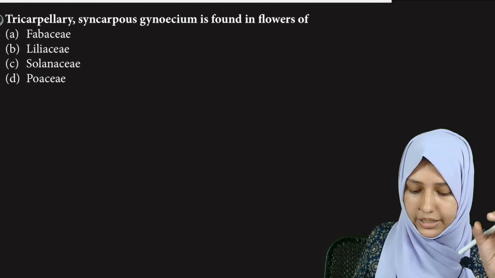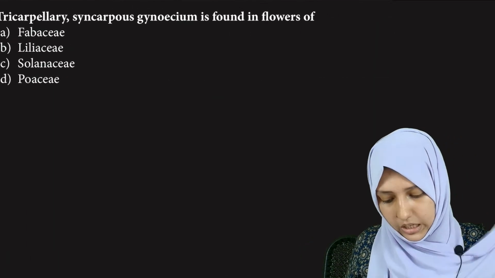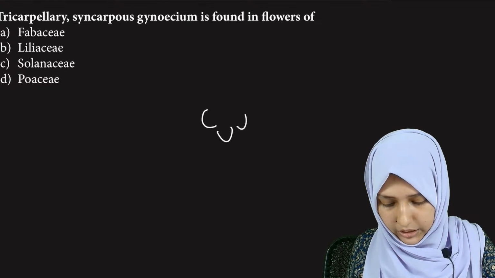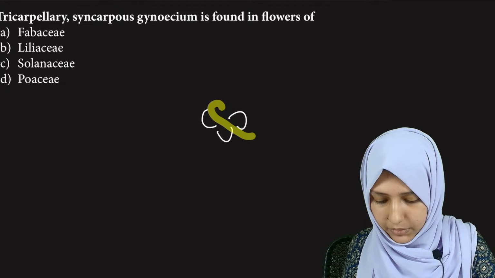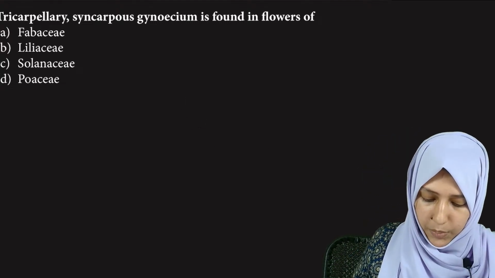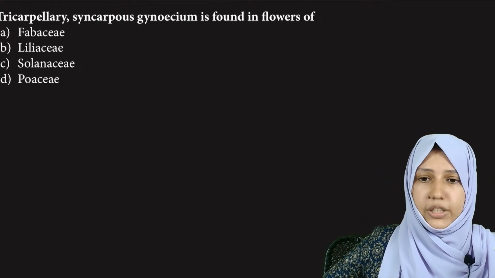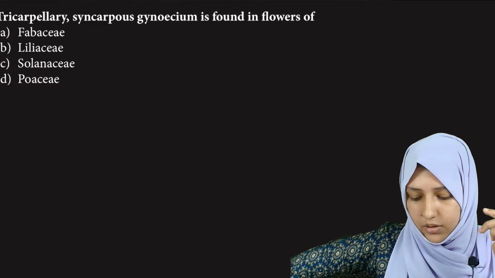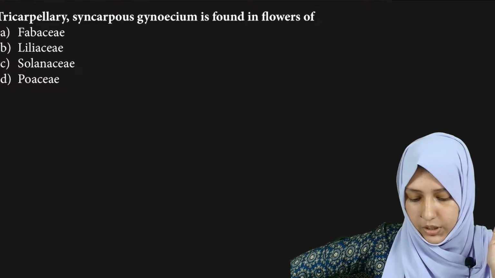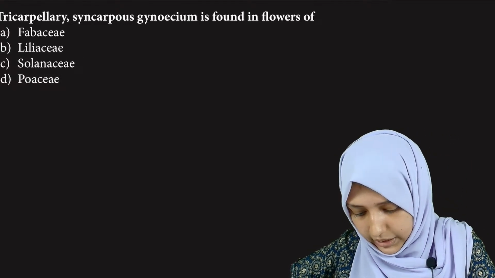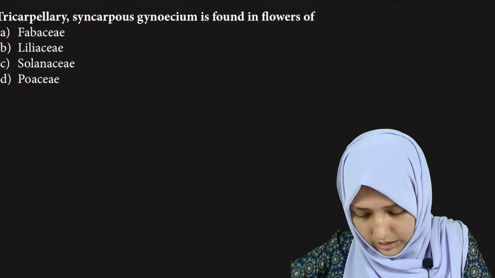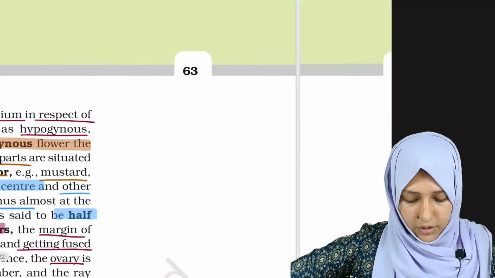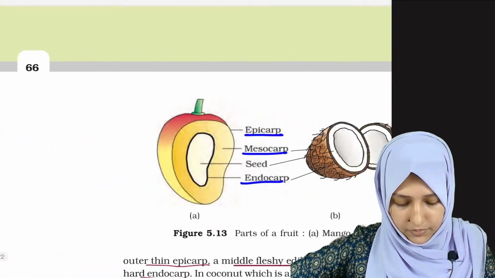Now tricarpellary syncarpous. Tricarpellary means the floral appendages will be in multiples of 3, and syncarpous gynoecium is found in flowers of tricarpellary. So 3 carpels are there, and we can just confirm it by seeing the floral formula.